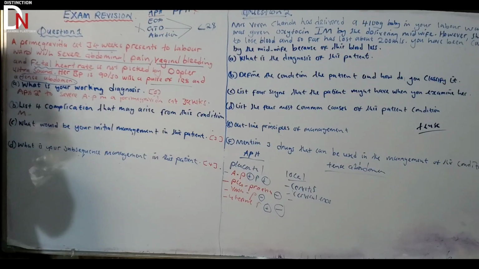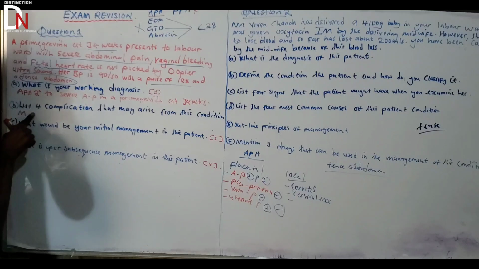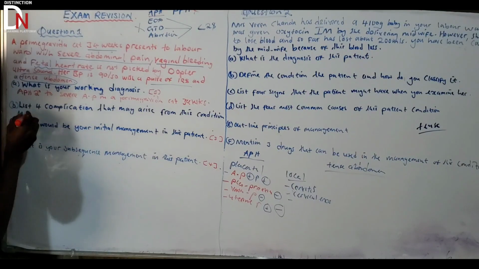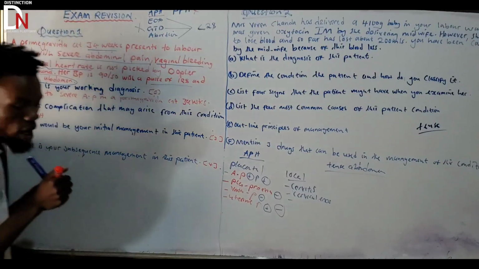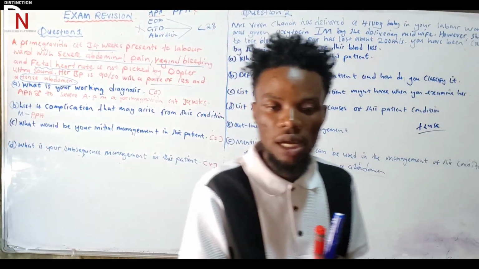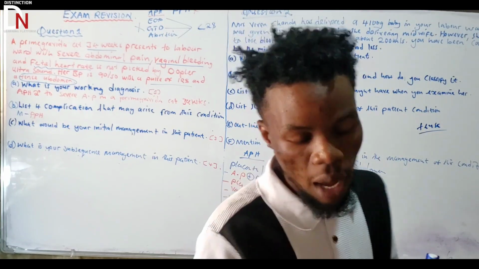Maternal complication. What is the first one? PPH. That is the first one. Why am I saying PPH? Because bleeding during the intrapartum period can progress to the postpartum period.